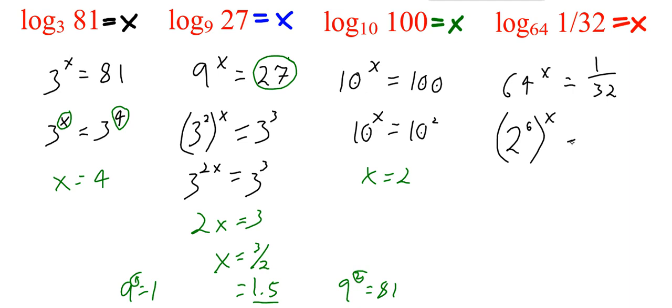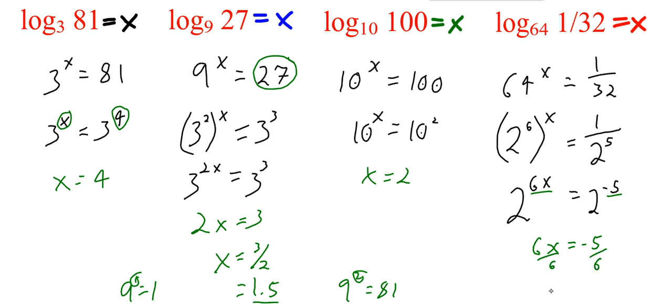Well, 32 is 2 to the 5th, but because it's a fraction, it's going to be 2 to the -5th. And over here, I simplify and get 2 to the 6x. Well, now my bases are the same, so I can set those exponents equal to each other, and I get 6x equals -5. Divide by 6, divide by 6, I get x is equal to -5 over 6.